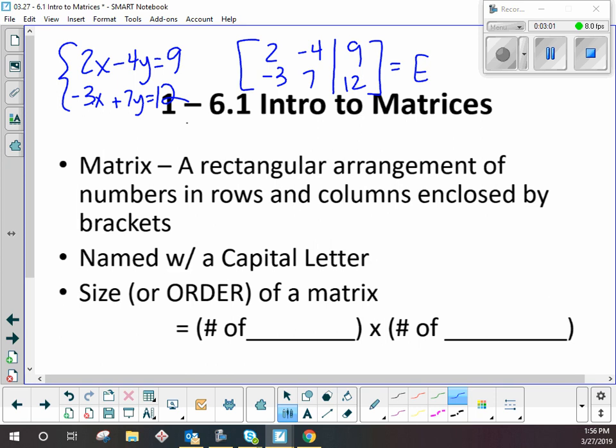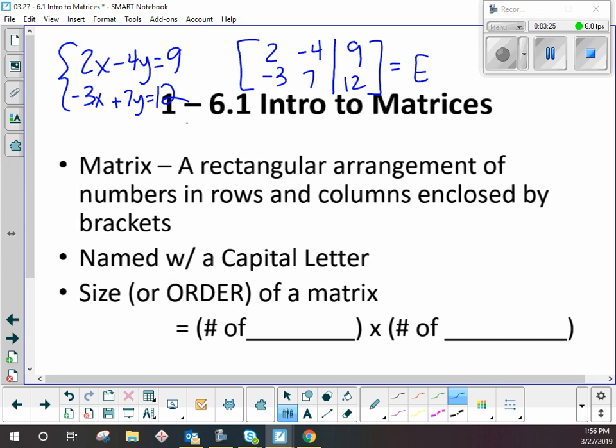Capital. And we talk a whole lot about the size of a matrix. And we have to, and that's basically just its dimensions. It's rows and its columns, but it has to be done in a certain order so that everybody in the world is speaking the same language, right? And also, when we get to matrix multiplication, that order is important as well.